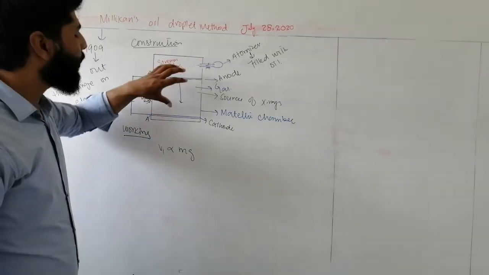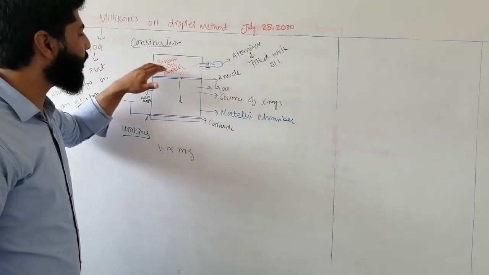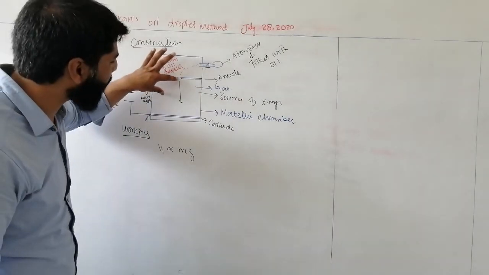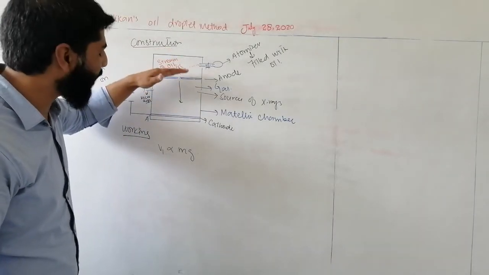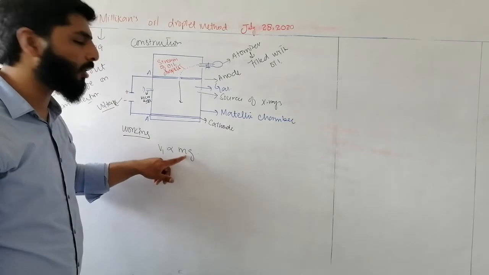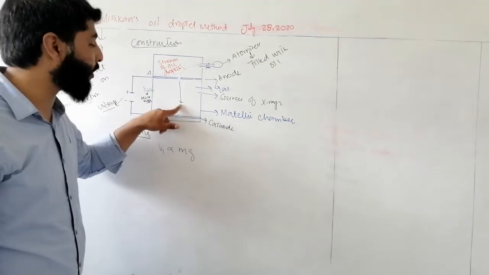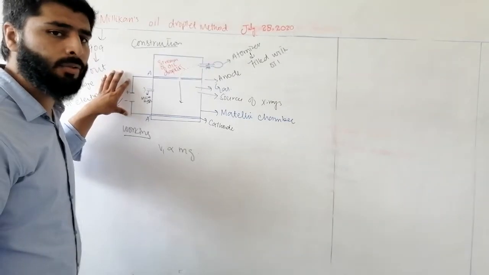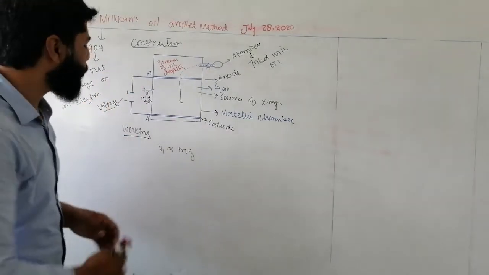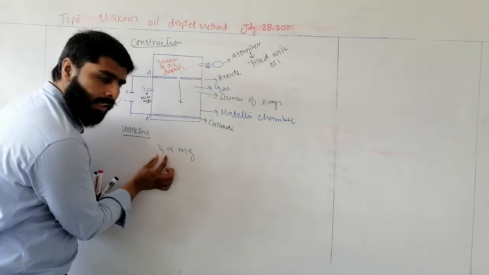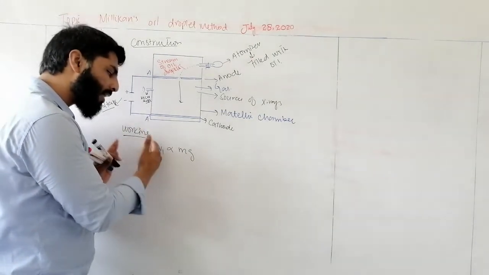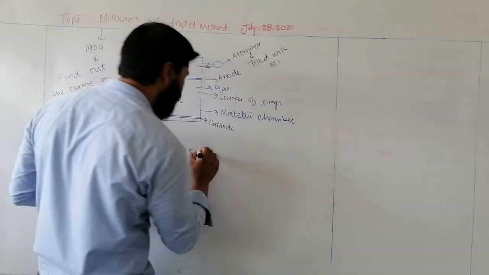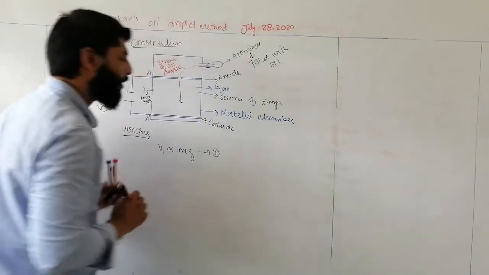He sprayed a fine stream of oil droplets, and droplets after passing through this hole fell down under the action of gravity in the absence of applied electric field. He observed its velocity as v1, and v is directly related to mg. This is equation number 1.